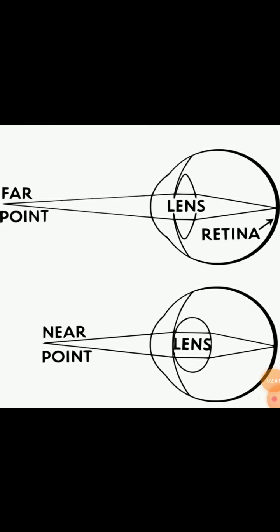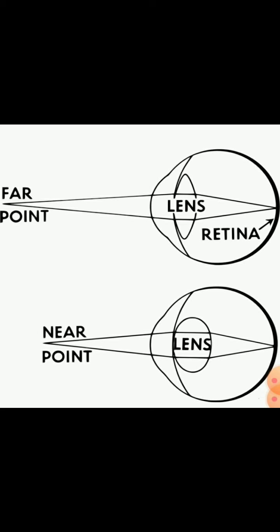How is it done? Let us understand it with a simple diagram. Here we have two diagrams for far point and near point. Let us refer to the first diagram. When the muscles are relaxed, the lens becomes thin and focal length increases. This enables us to see distant objects clearly. Whenever any object is at a far distance, the ciliary muscles which are attached with the lens will relax.